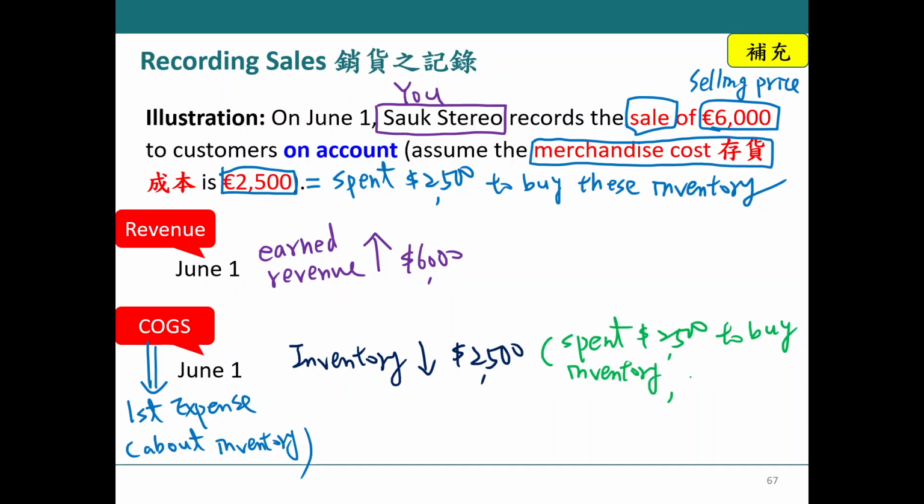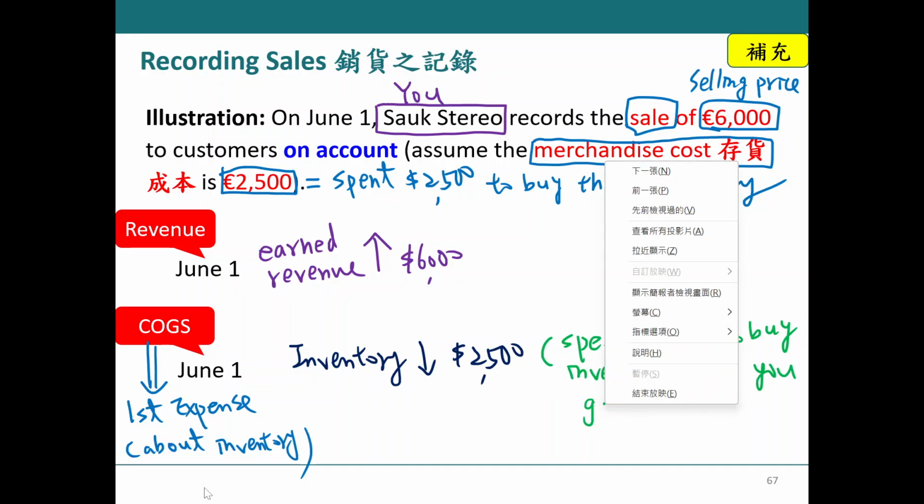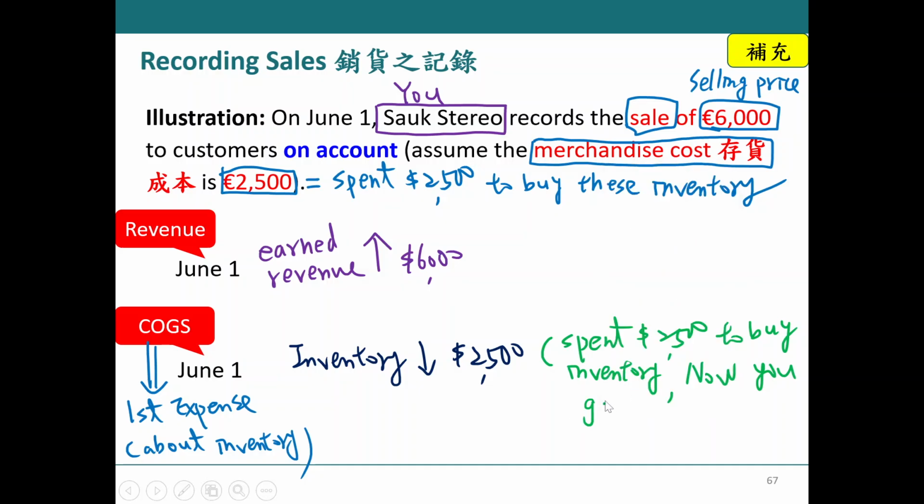Then now, you sold it to customers. So it means you gave it to customers already. Okay? Any questions? No problem? So you earn the revenues, at the same time your inventory decreases.